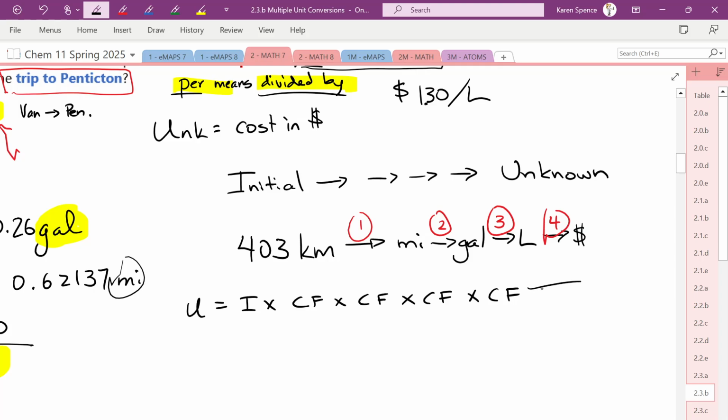Is this a required step to do in the problem? No, I'm just showing it to you to give you a structure to work with. Is the map a required step in the problem? I would say at this point, probably.